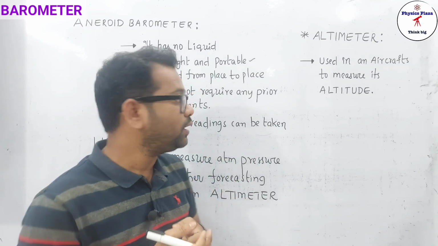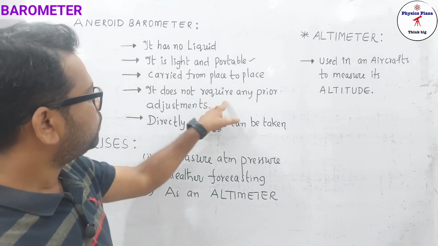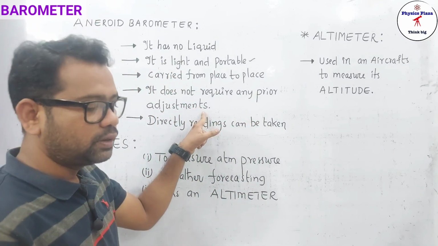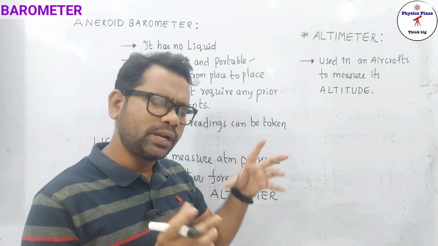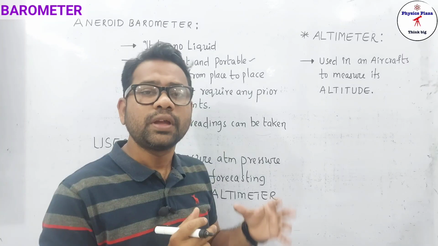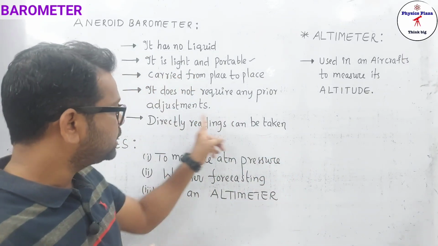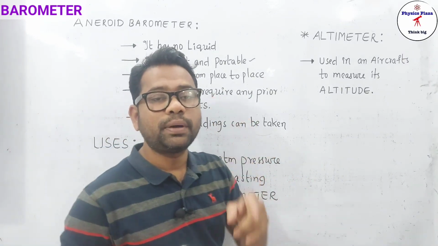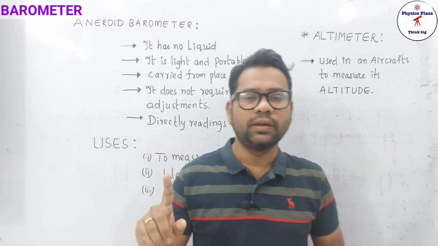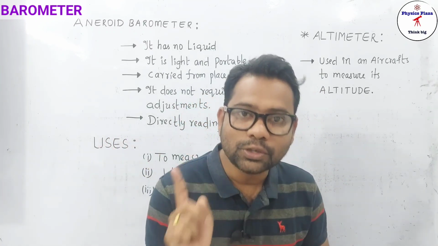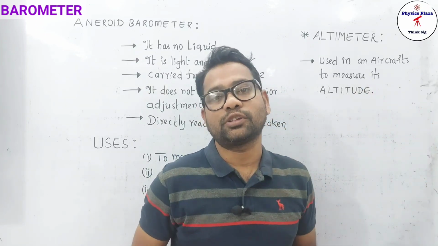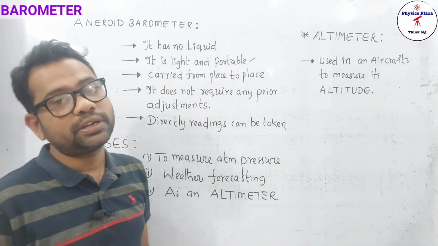Okay, fine. And it does not require any prior adjustments. But a simple barometer, yes, many things we need to adjust. Here you can directly start and take readings. But a simple barometer, you can't take readings directly. First we measure the height, based on that we have to use P is equal to h rho g, then calculate the values. But here, direct values can be taken.